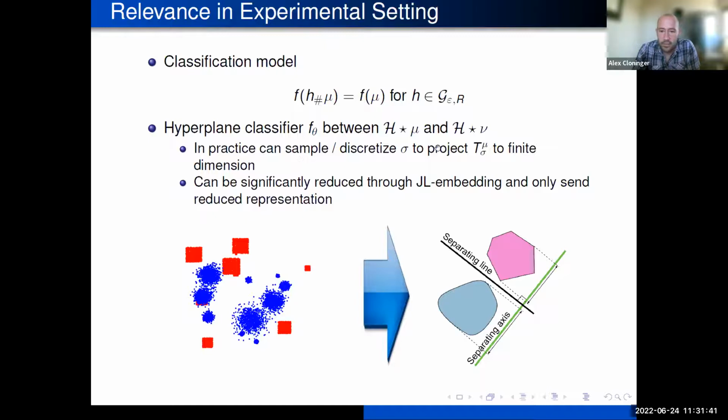Now in practice, this is still a function, right? So that's still kind of an infinite dimensional object, but it's a very, very, very simple smooth function, which means we can sample sigma to discretize this to some finite dimension. And then, because we're only trying to preserve pairwise distances, we can do some kind of Johnson-Lindenstrauss embedding that says that we can reduce the dimension to log n dimensions.